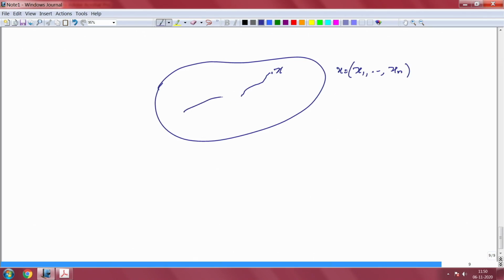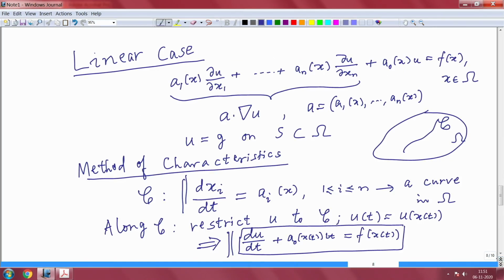And so, this is characteristic, if you are able to do that, and we pick the data from here, and we already solved the differential equation, this one, and you pick up the data from the initial surface, and that is how we will be able to obtain a solution of the given PDE.